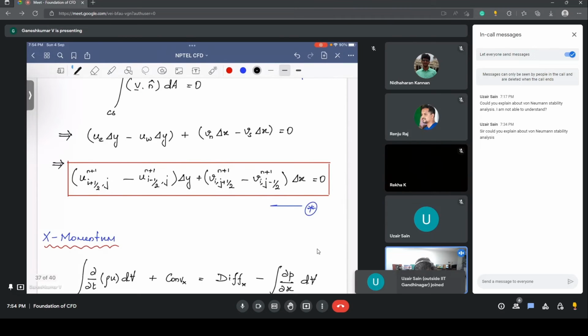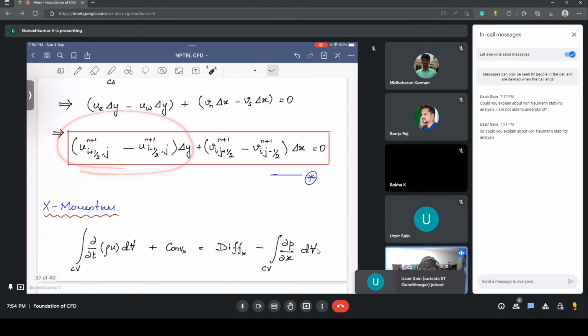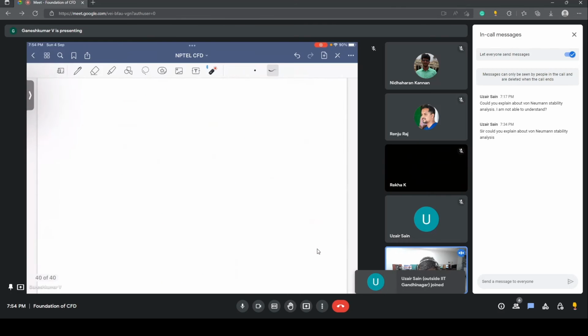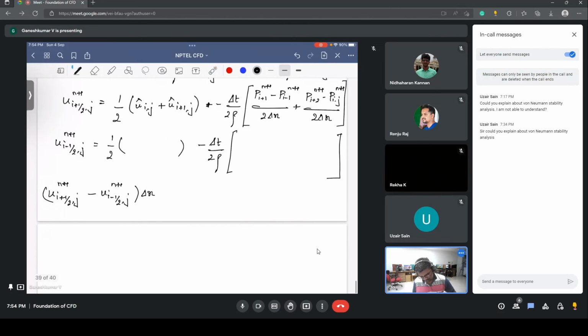If you look here, we have this term times delta y. If you do this, you will end up getting some u caps, of course u caps, at i plus 1 or i minus 1, some functions with a half, and then you will also get delta t by 2 rho.